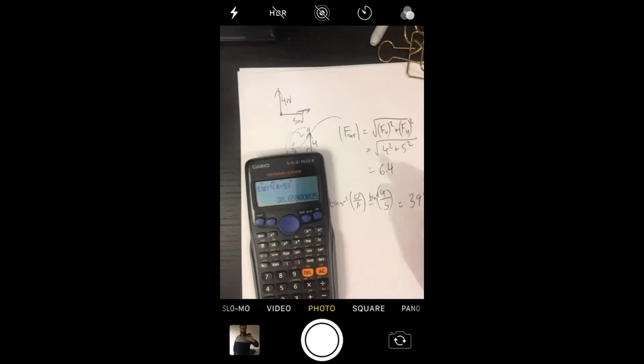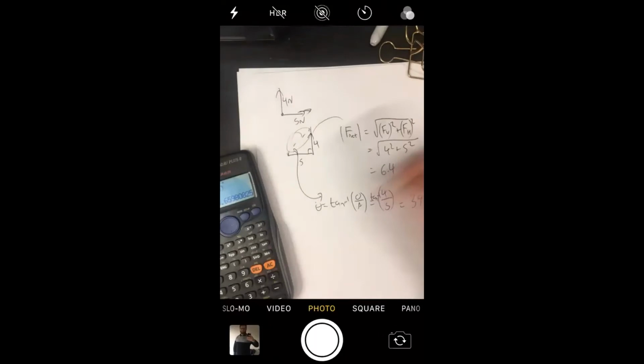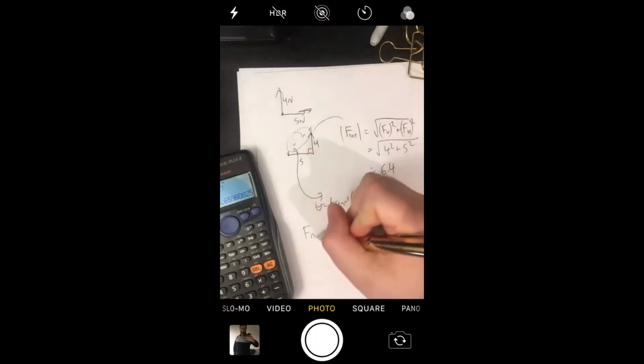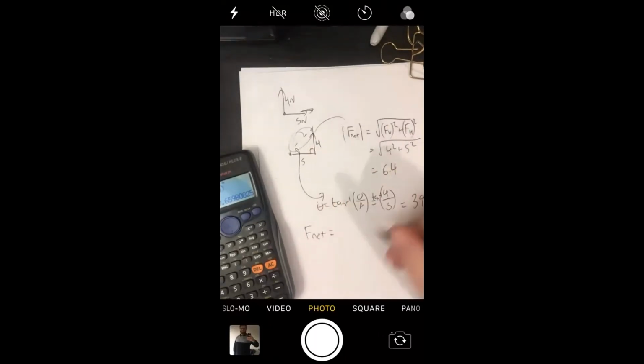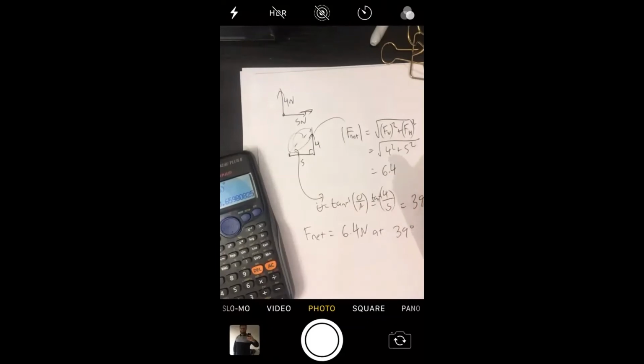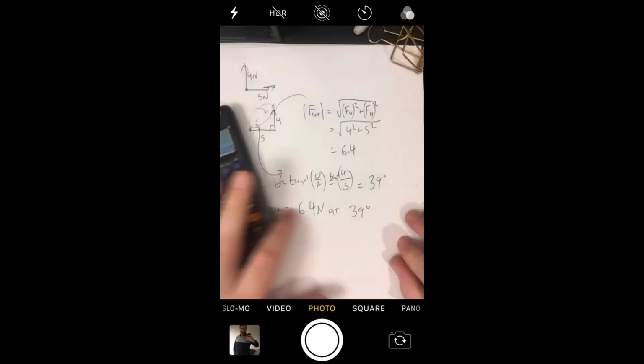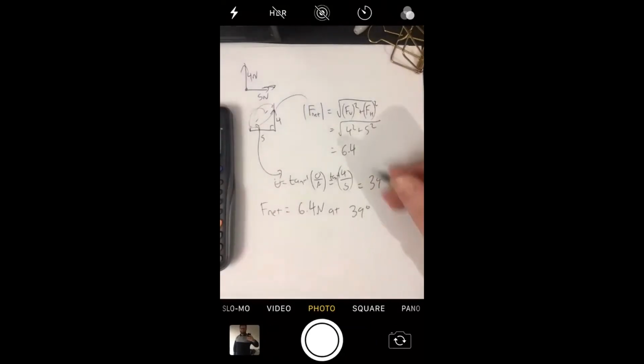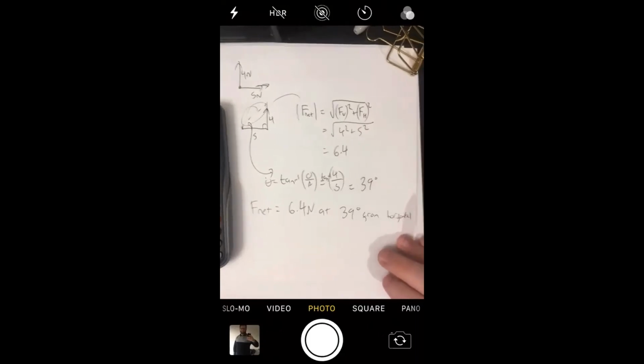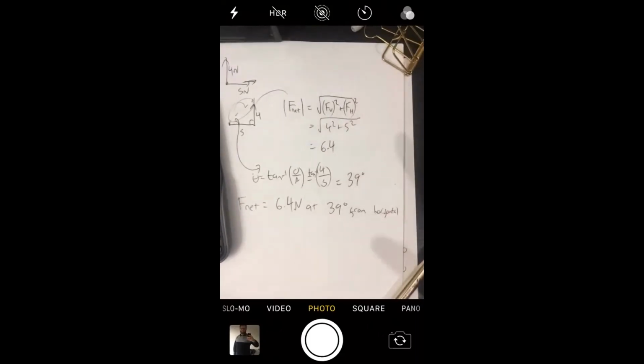Okay, let's go with that. So the net force is equal to 6.4 newtons at 39 degrees, and you can leave it like that. If you want to be precious, you can say at 39 degrees from horizontal, if you want to be 100% sure that your examiner is going to give you a correct mark, but that's how you would do it.